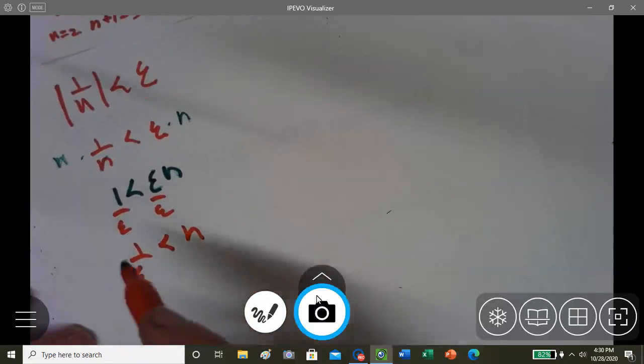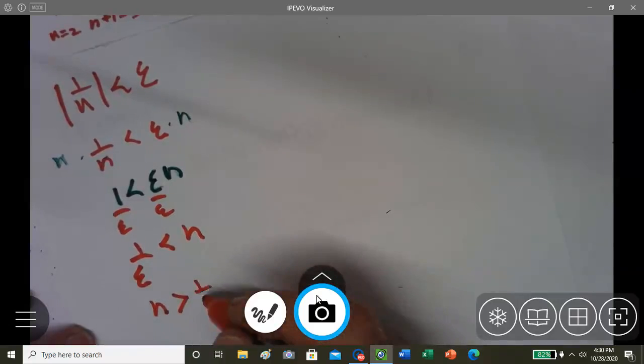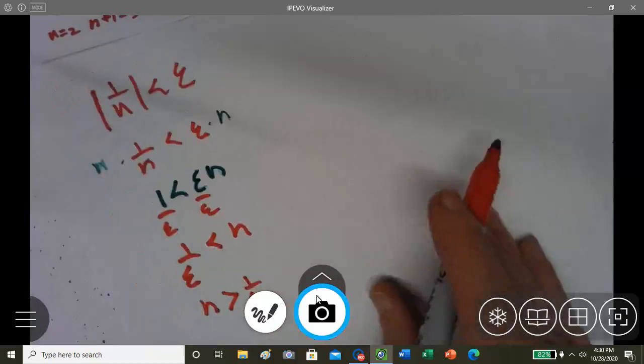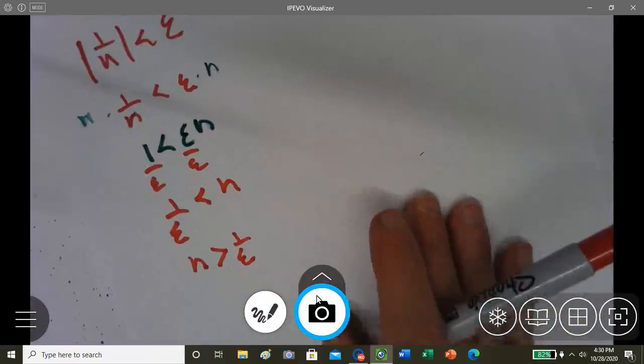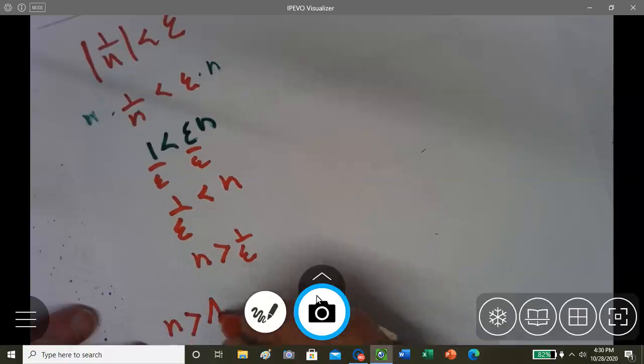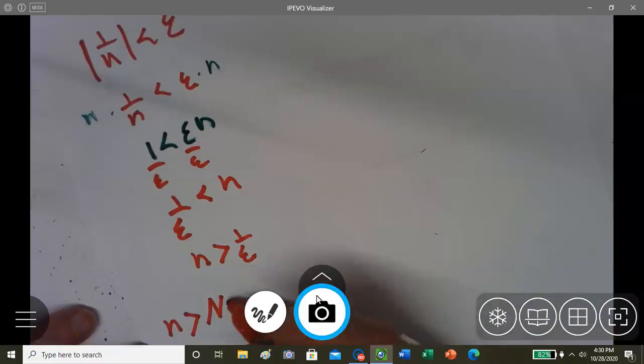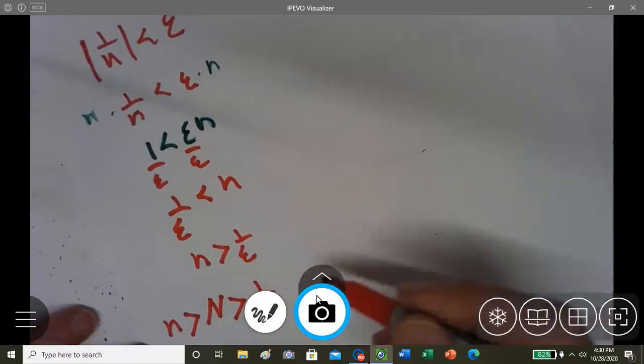So we can flip that, make that n is greater than 1 over epsilon. Okay, so since we know that our sequence n is larger than our boundary N, well then that's going to be larger than 1 over epsilon.